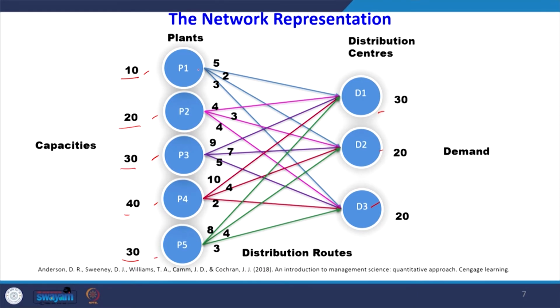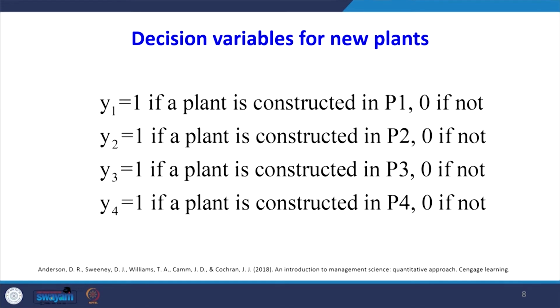This number represents, say, P1 to D1, 5 represents unit transportation cost. P1 to D2 transportation cost is 2. P1 to D3 transportation cost is 3. So, likewise I have mentioned the transportation cost on the arcs. Now, I am going to introduce the decision variables for the new plants. We have 4 plants.